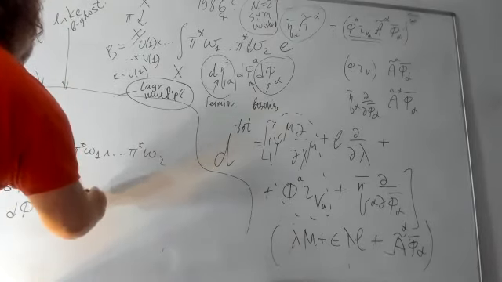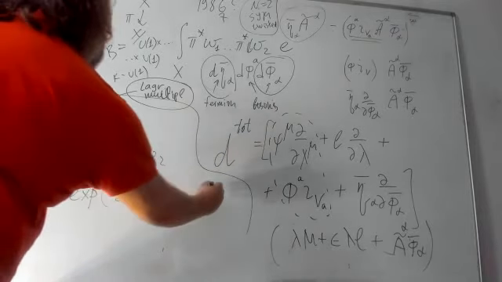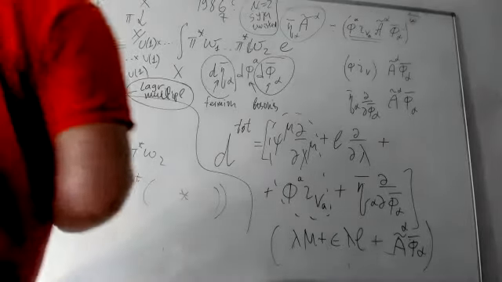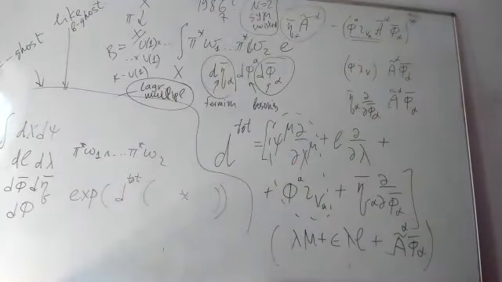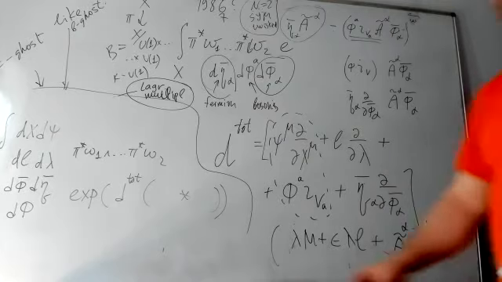And here we will have exponential of d total applied to something. Okay? So that's what we have right now.